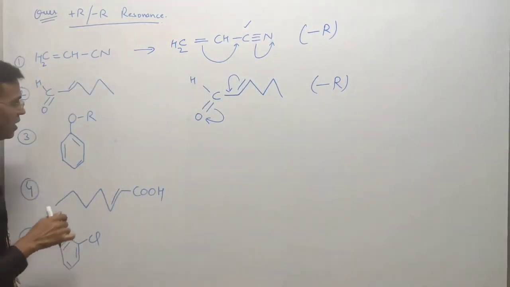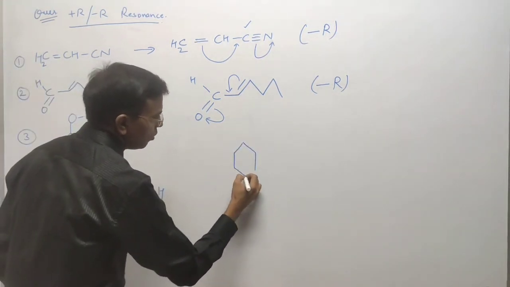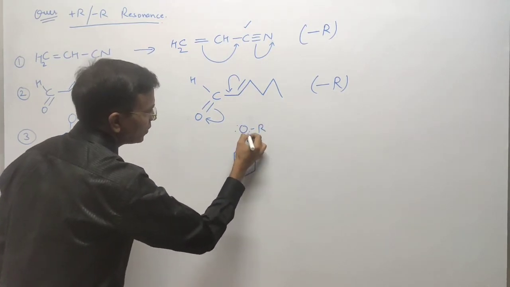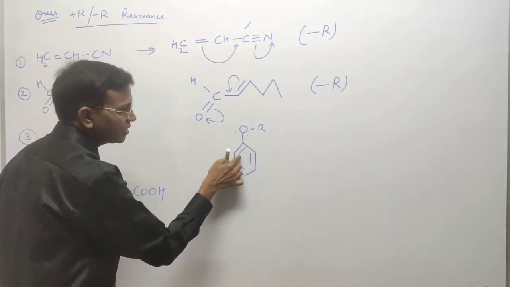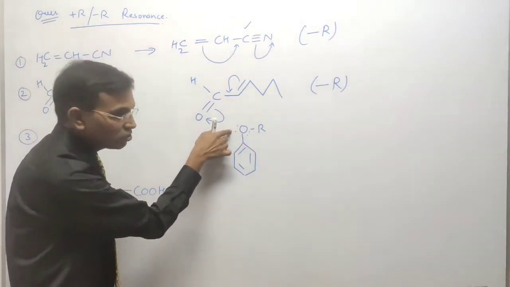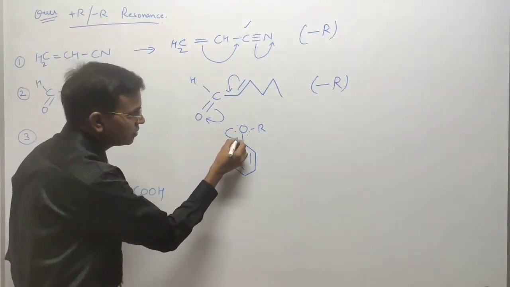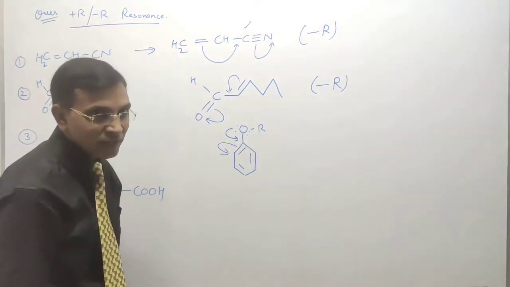This is here the oxygen atom as the atom attached and it has the lone pair of electrons, and here is the benzene ring. So benzene ring pi electrons are in conjugation with these lone pair electrons. So sigma, pi electrons, lone pair, sigma, pi electrons, and the resonance takes place.